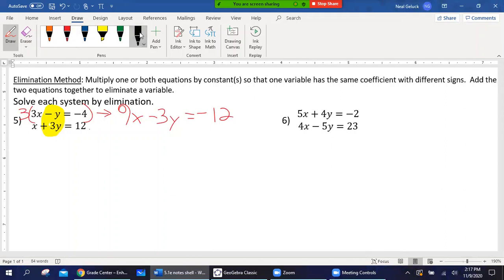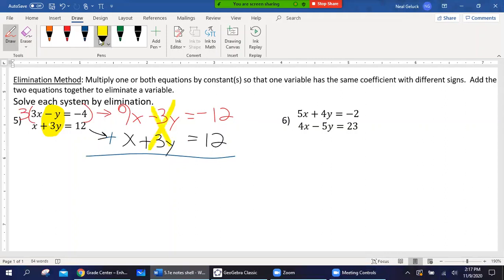The second equation I don't have to change. x plus 3y equals 12. If I now add these two equations together, the y's are going to eliminate themselves. So I'm left with, when I add them, 10x equals 0.